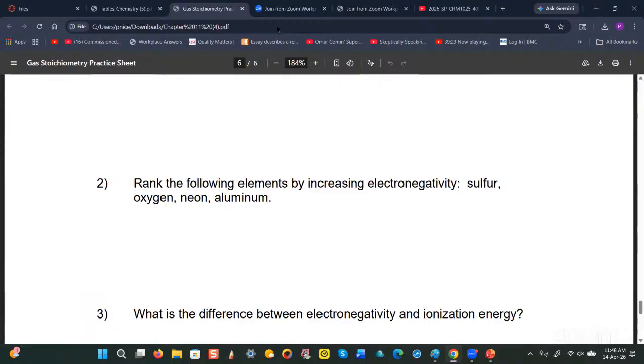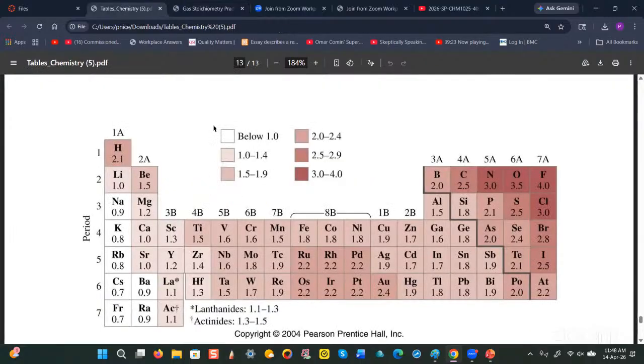The group 8 elements are not included, and that's because they are considered to be inert and therefore will have little tendency to attract electrons to themselves. So we can say that the electronegativity of group 8 elements is 0, right?